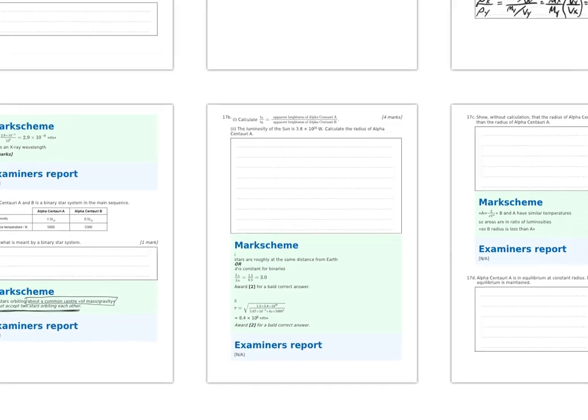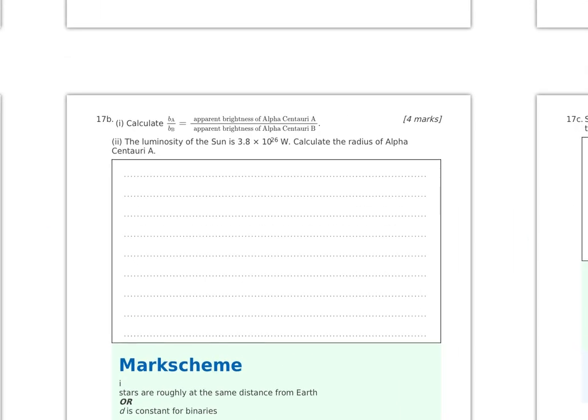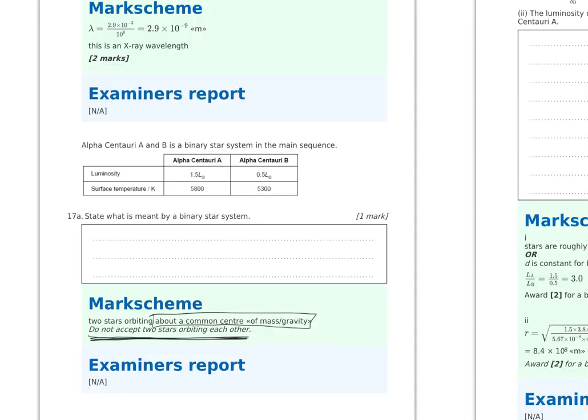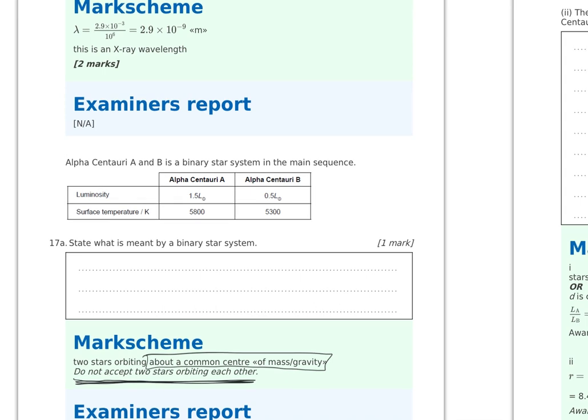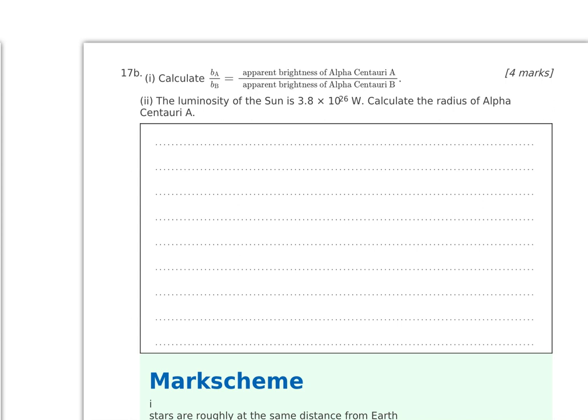All right, then 17b, it says calculate the relative apparent brightness, and then we have the luminosity of the sun. I see that we have the information for Alpha Centauri A and B: their luminosities and their surface temperatures. So you have apparent brightness when the 4 pi divides out.